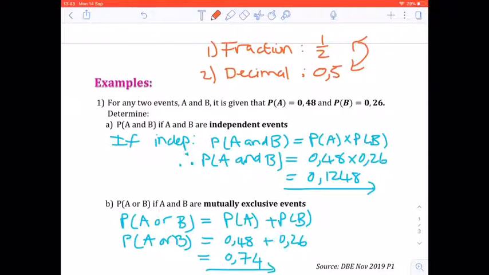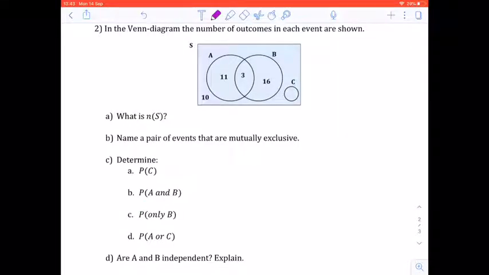Probability will always be a number that is 1 or less. It can never be negative. So it's always essentially sitting between 0 and 1. And it can be 1, it can be 0. So there can be no chance of something happening, as well as there can be complete certainty that something will happen.